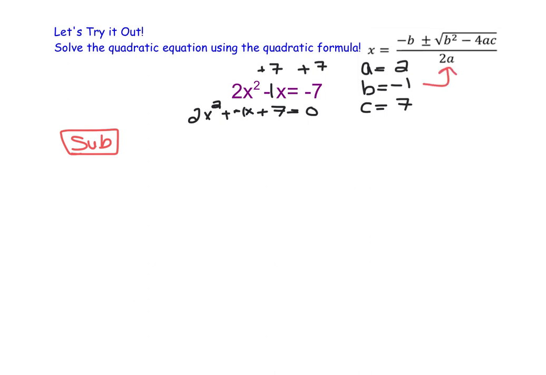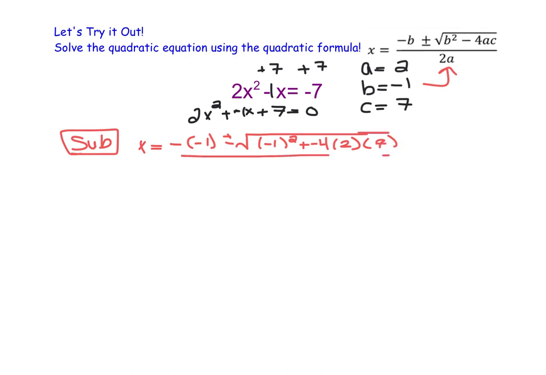So I have x is equal to a -1, so negative b, plus or minus the square root of b squared, which in this case is -1 in parentheses squared. Then I'm going to do plus a -4 times 2, which is a, times c, which is 7, all divided by 2 times a, which in this case is 2 times 2.